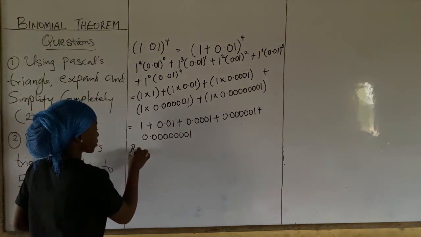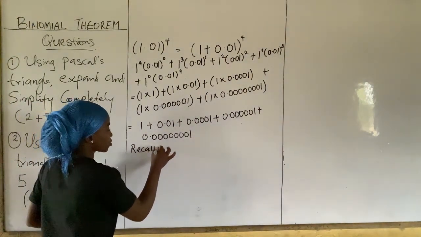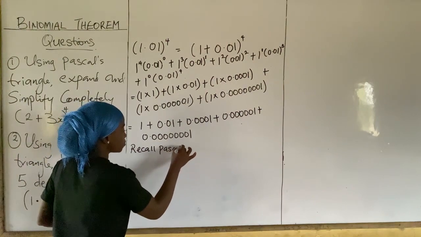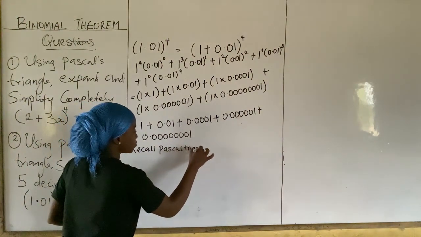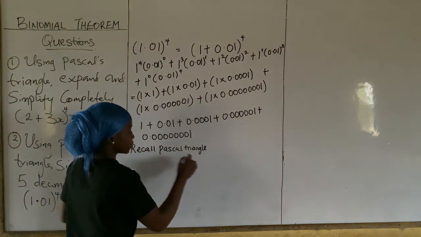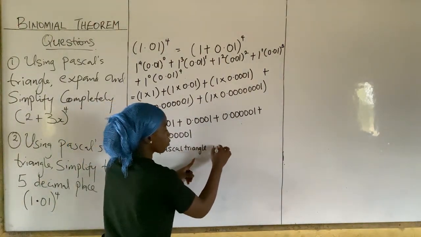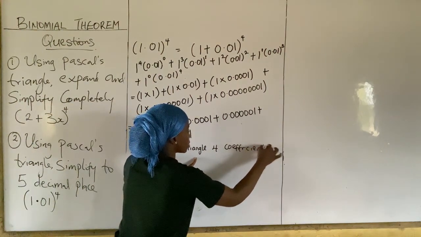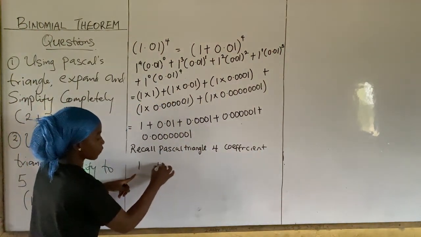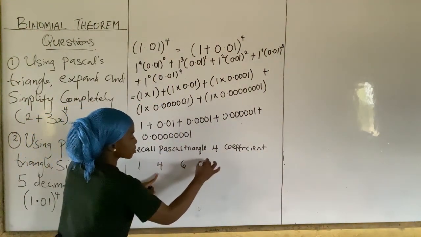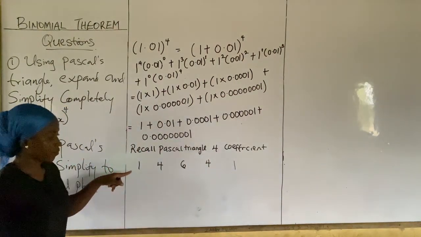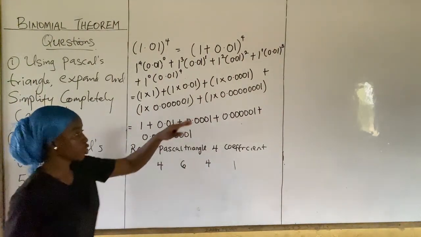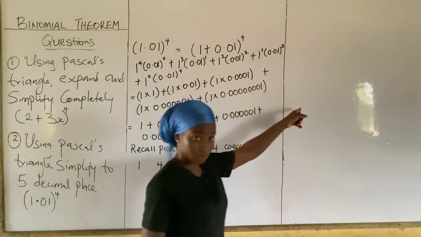Recall our Pascal triangle for 4. Our Pascal triangle for 4 coefficients is 1, 4, 6, 4, 1. So now I'm having 1, 4, 6, 4, 1. So I'm going to input my 1, 4, 6, 4, 1.